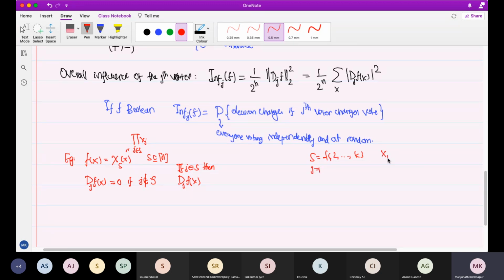So we are looking at x1, x2, up to xk. That is our function, right? So when I want to take j equal to 1, so d_1 f of x, I have to set x1 equal to 1. So I will set 1 times x2 up to xk, and then I will set -1 times x2 up to xk. Then I will subtract this from the other one and divide by 2. So that will just give me x2 up to xk.